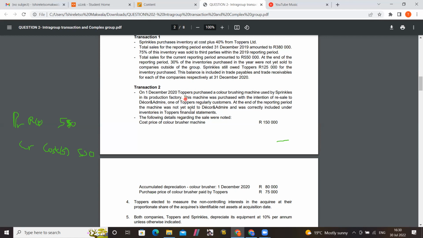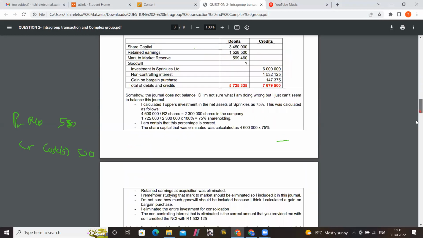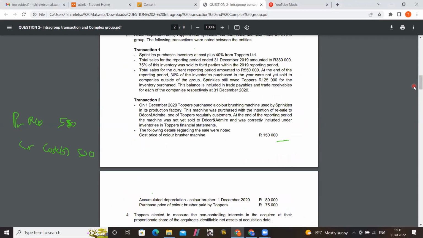However, even if he had sold it to outside parties, that first journal entry of the elimination of unrealized profit, you have to do it. As you can see here, let's just go back. The 5,000. In Sparkles' books, what do you have?